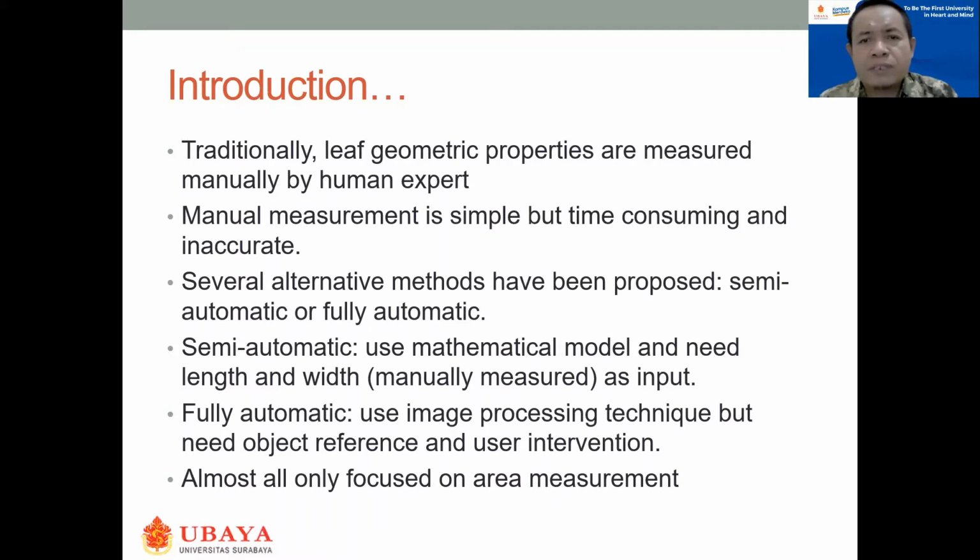Traditionally, leaf geometric properties are measured manually by human expert, by using millimeter block paper for area and ruler for length, width, and perimeter.